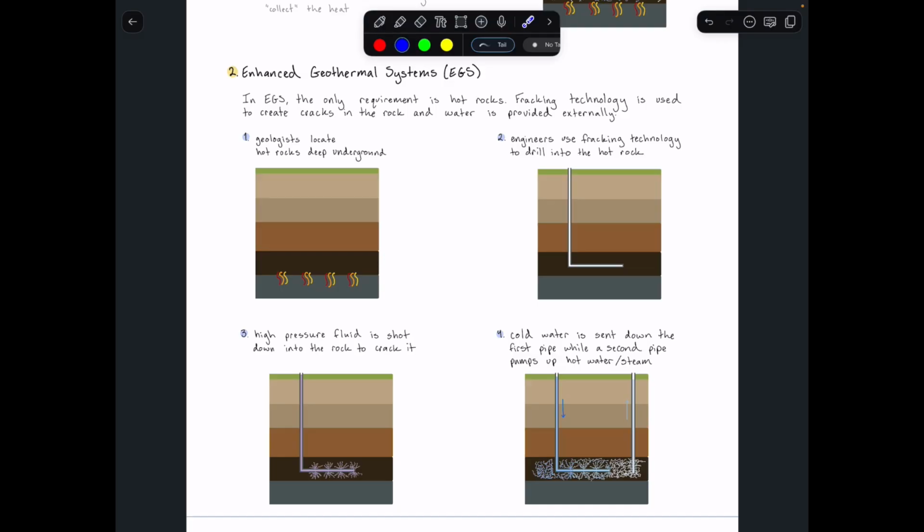So in effect, EGS creates an artificial hydrothermal reservoir where one did not naturally exist. So the EGS technology is allowing geothermal plants to be built out in many more regions across the world where natural hydrothermal capacity doesn't exist.